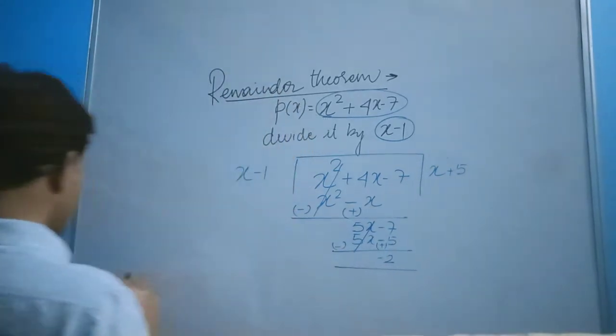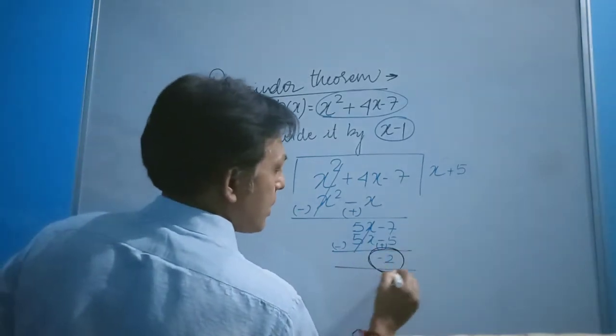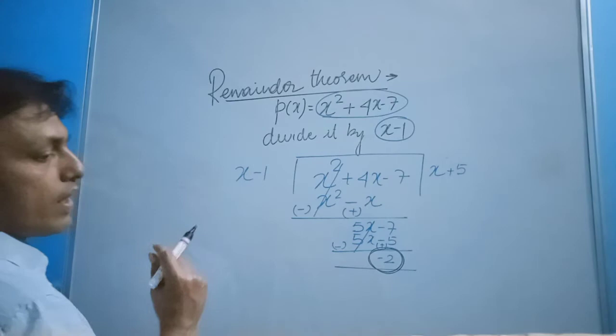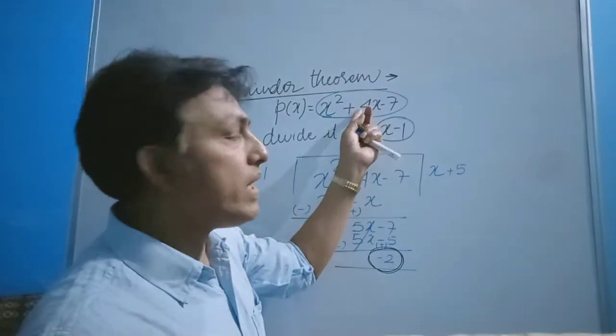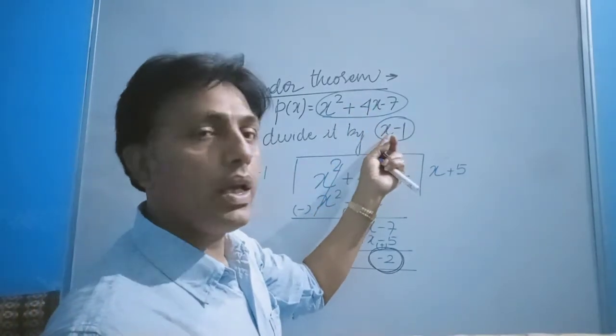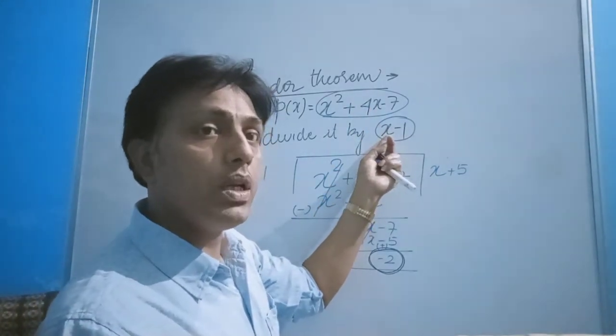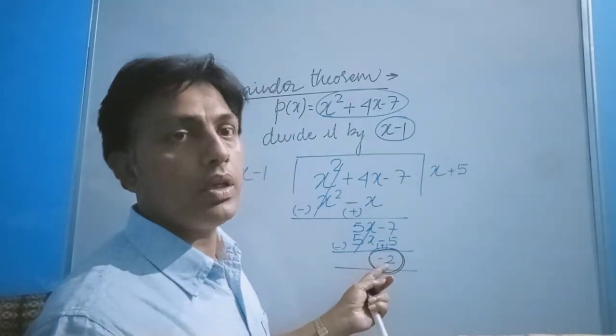Can you see this? This is the remainder, correct? We have divided a polynomial by another polynomial and we got the remainder, correct?